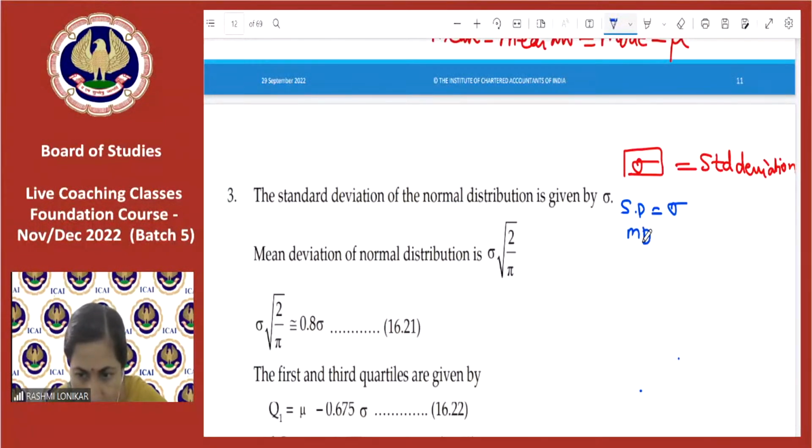Mean deviation is equal to 0.8 times sigma. Okay. So standard deviation is sigma, then mean deviation is 0.8 sigma.